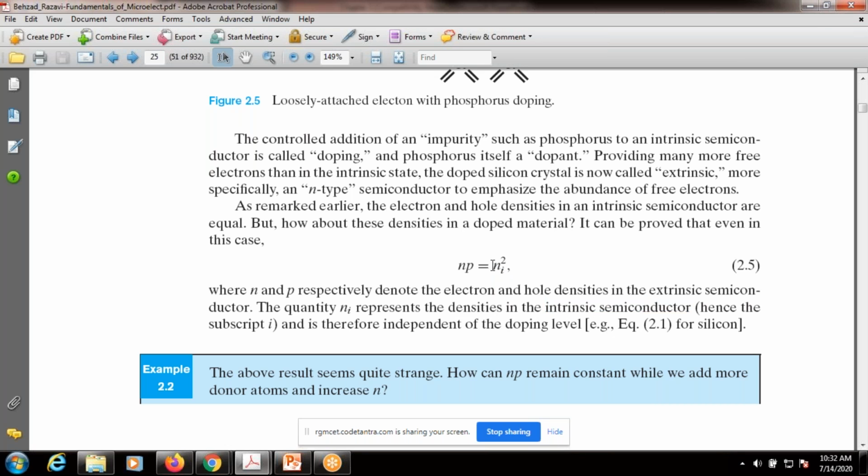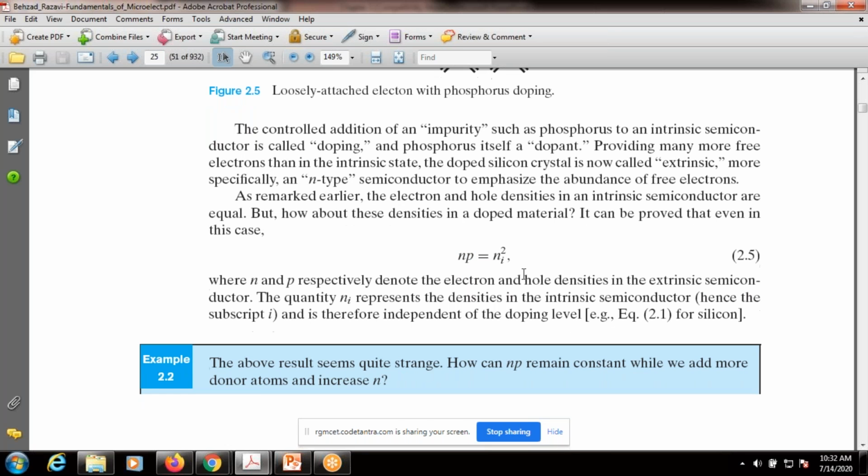The right-hand side relates to the intrinsic semiconductor, whereas the left-hand side relates to the extrinsic semiconductor. Hence the subscript i indicates the intrinsic semiconductor, and therefore it is independent of the doping level.